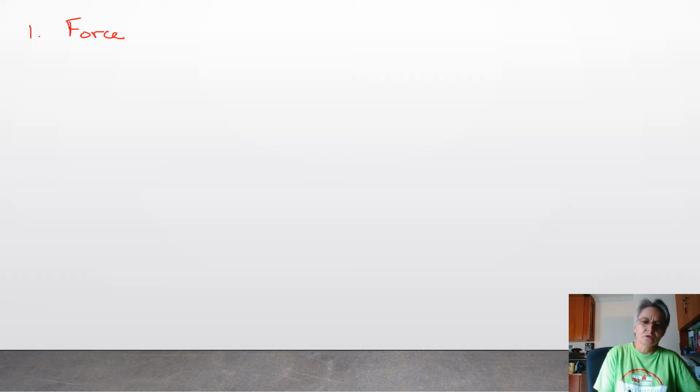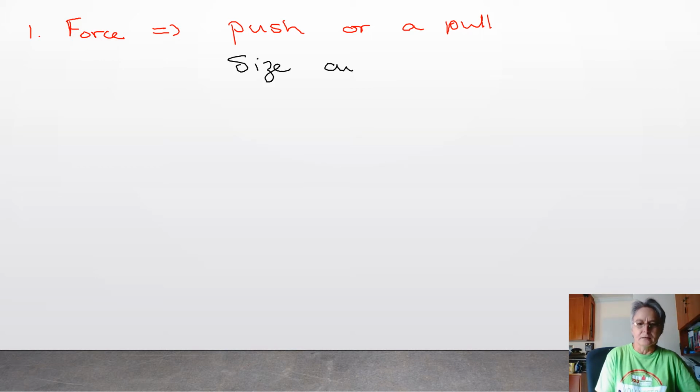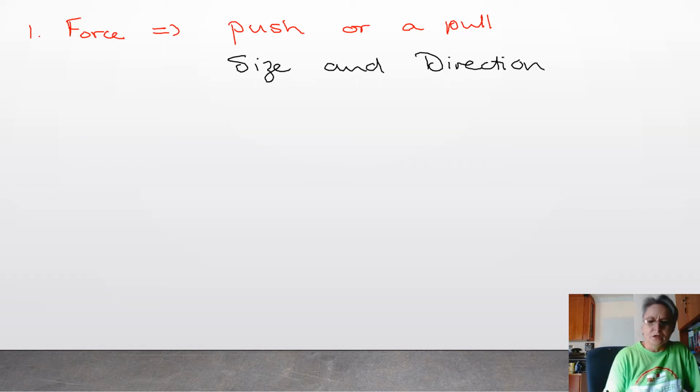Now a force is defined as a push or a pull, and there is always a size and a direction connected to a force, a push or a pull. I think that is rather clear.